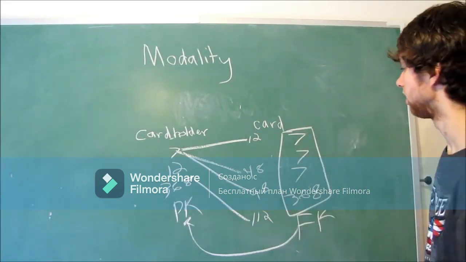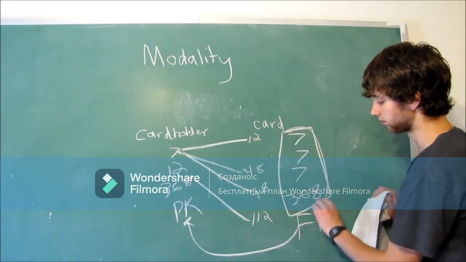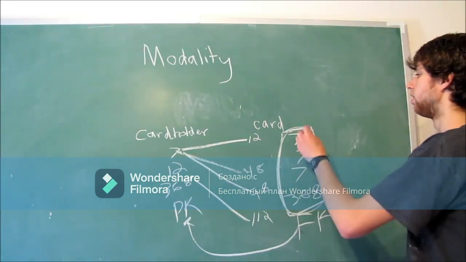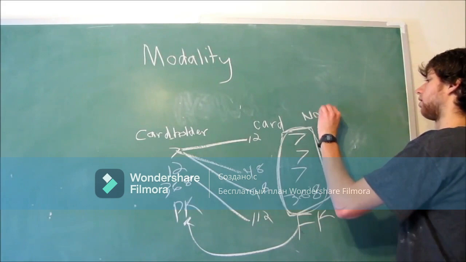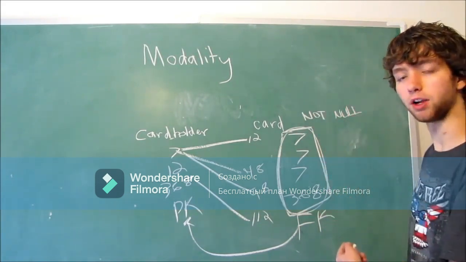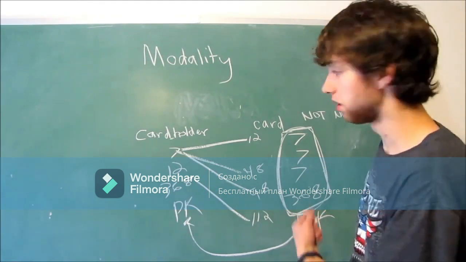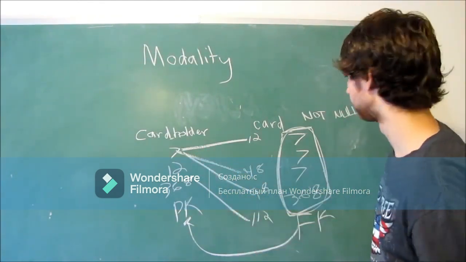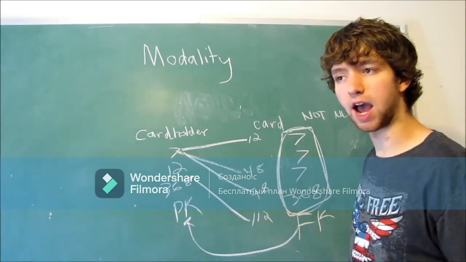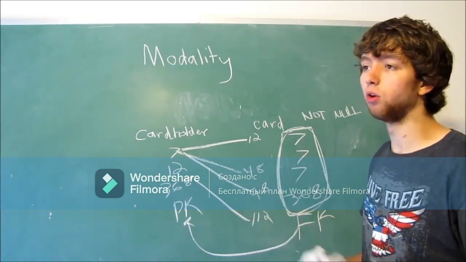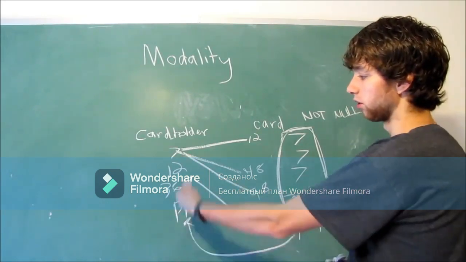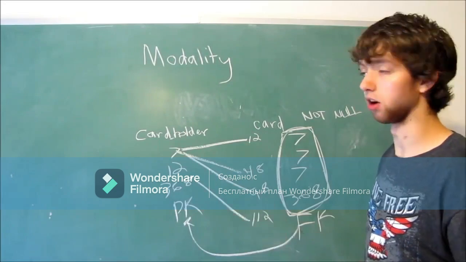Now, if we gave this column right here, the foreign key, basically the card holder column, because it's a child, if we gave it the column characteristic not null, it would be required that every single row has an owner. That means we can't have a card in here that is either not activated and doesn't have an owner, or we can't have a card in there that is not being currently possessed by a card holder.